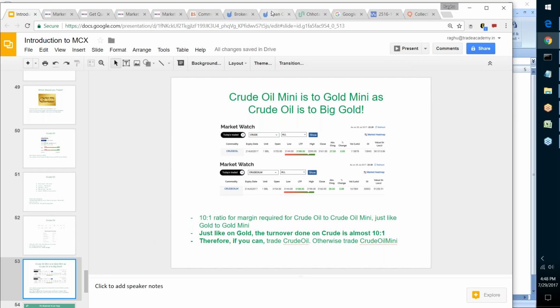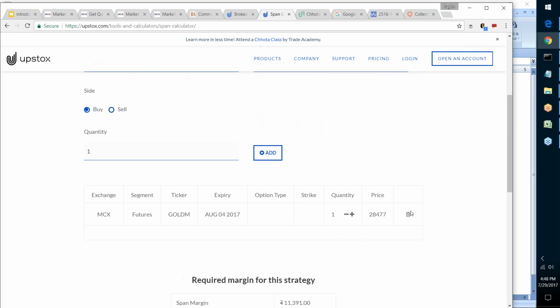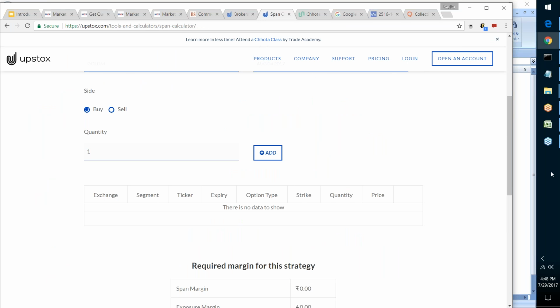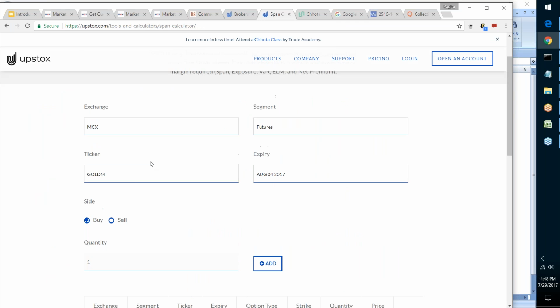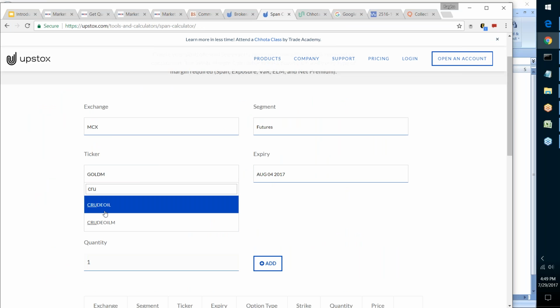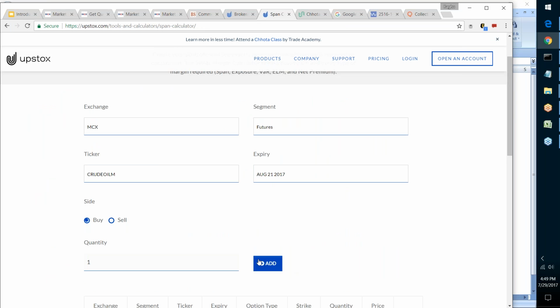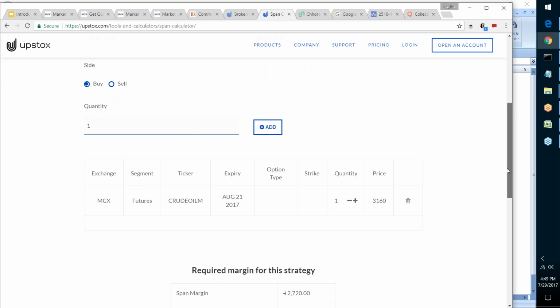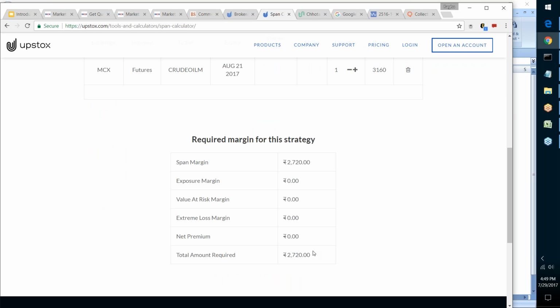If I pull up the calculator, I can see that crude oil mini is going to be 1/10 of crude oil. So this is 2,700 rupees. It's very, very little, and this makes it very easy to trade crude oil.